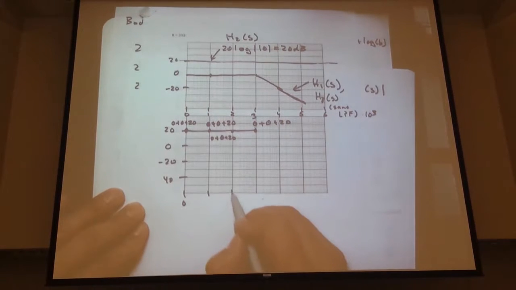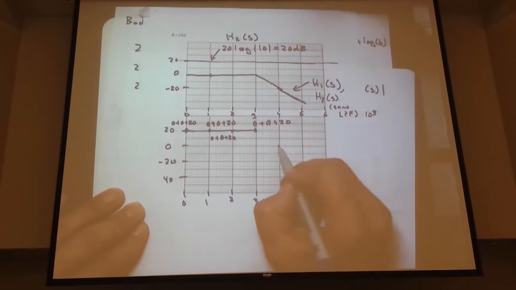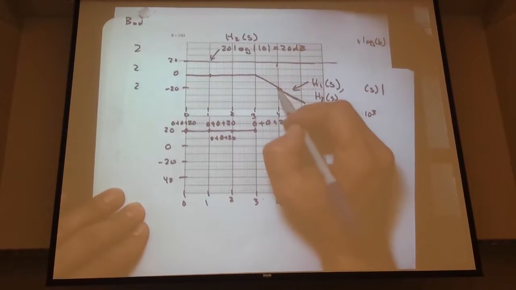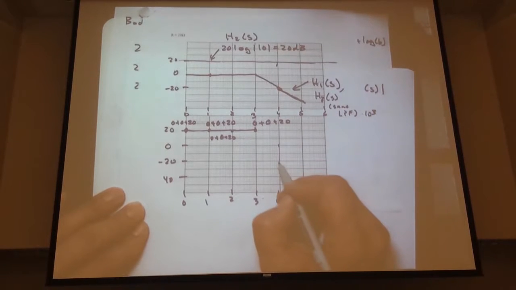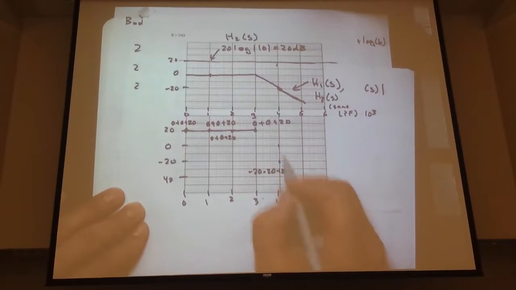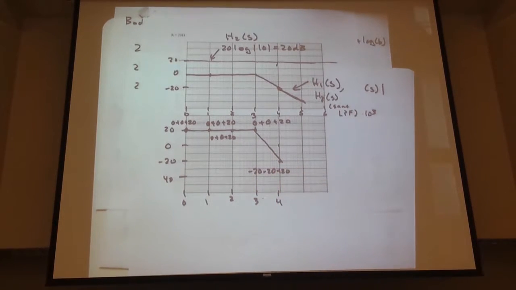And what do we have here? Well, minus 20 plus 20. So we're down here. And there's our 40 dB roll-off that we can do the other way, and we can keep going.